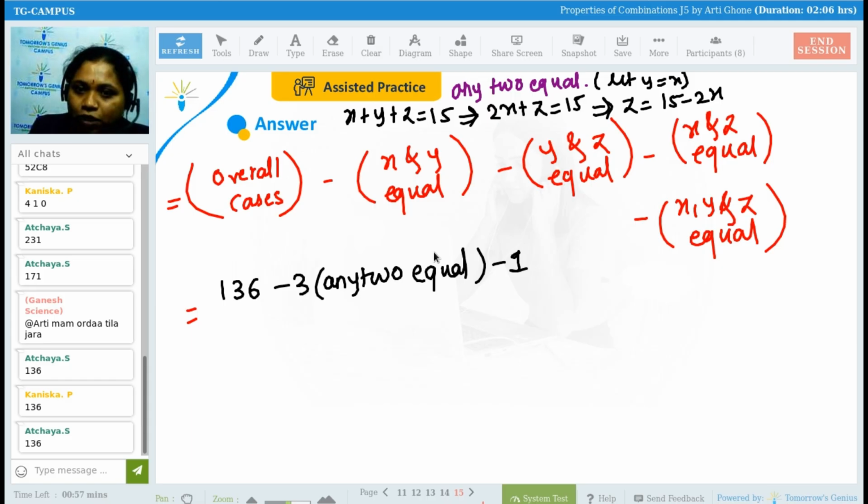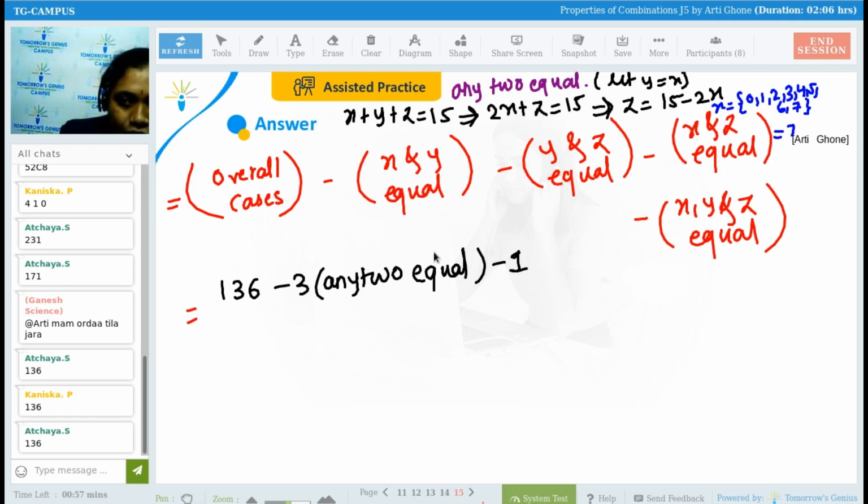So what are the possible values of x over here? x can be from the set 0, 1, 2, 3, 4, 5, 6 and 7. Clear? These values are applicable over here. So the total count of applicable x is 8, and it equals 136 minus 3 into 7 minus 1.